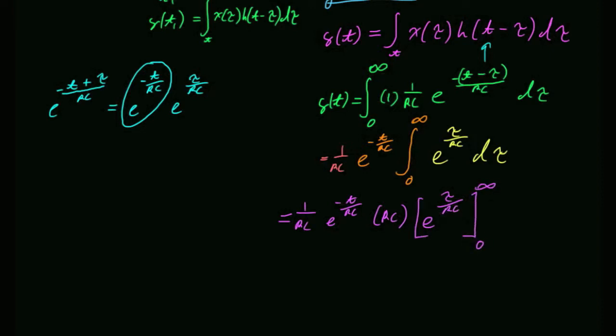I feel like there's a minus missing in here. Where have I lost a minus sign? E to the minus tau over RC. Something here doesn't smell right. Because e to the... It's going to be infinity.